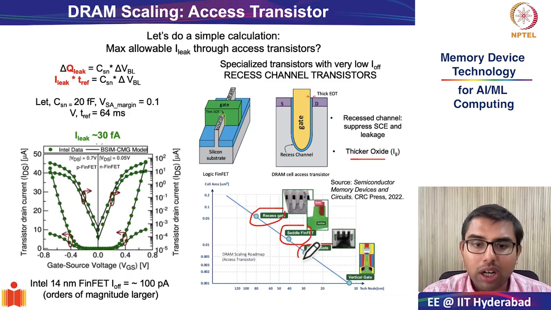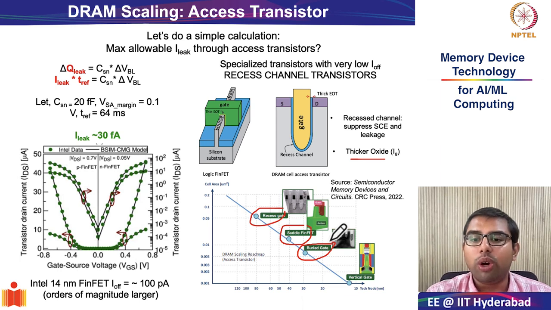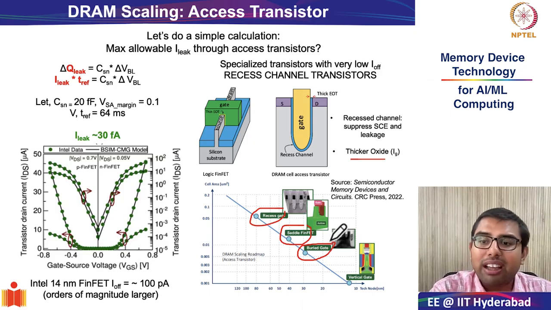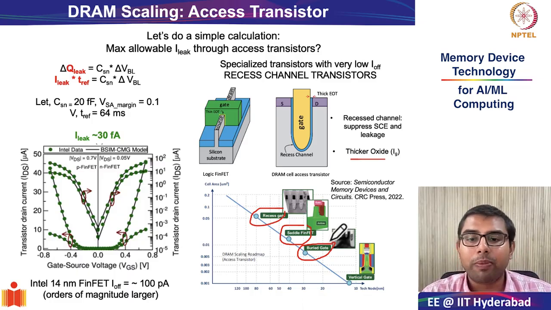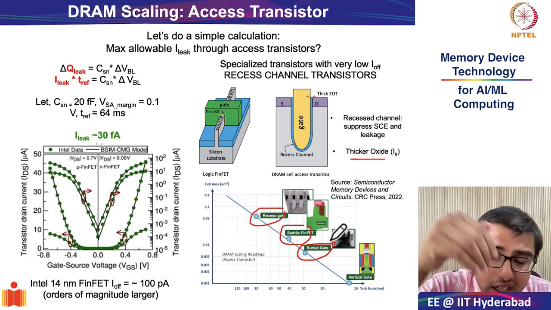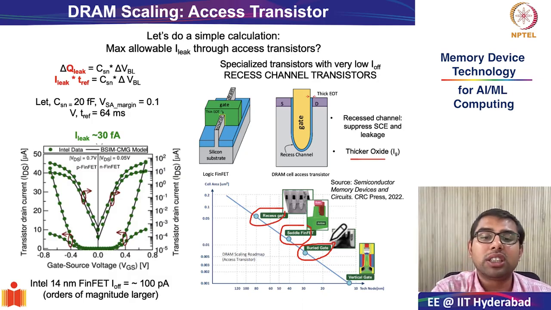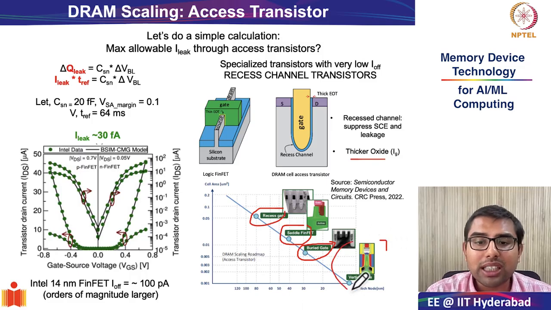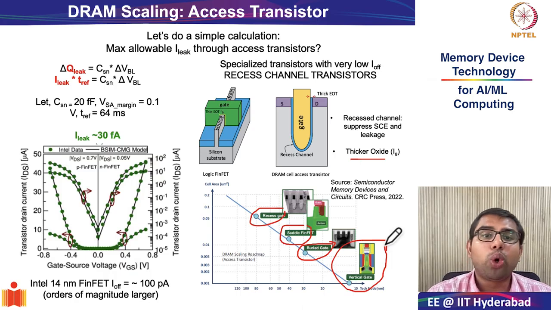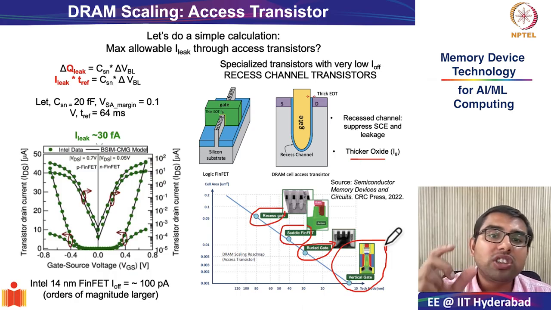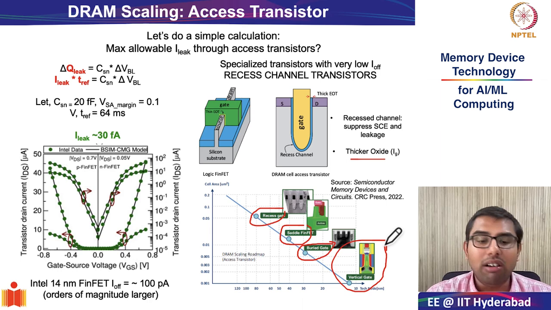Furthermore, in the 32 nanometer node, the buried gate structure was introduced just to reduce the coupling between the word line, which is the gate of the access transistor, and the storage node capacitor, because the gate is buried underneath the silicon surface. And further advancements are also happening in the form of vertical gate transistors to further improve the performance of scaled recessed channel transistors.